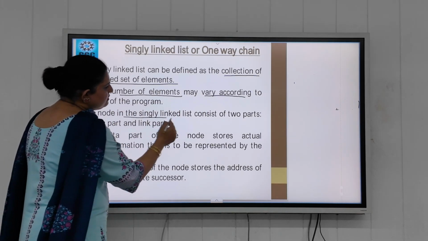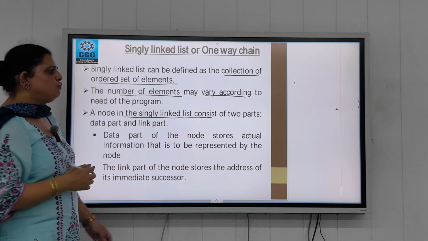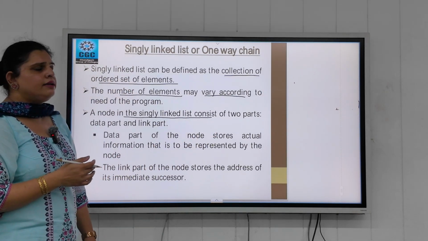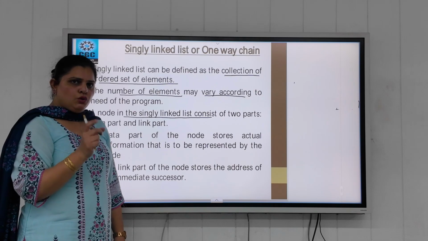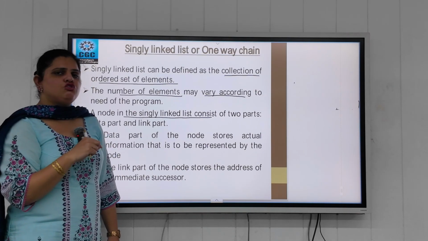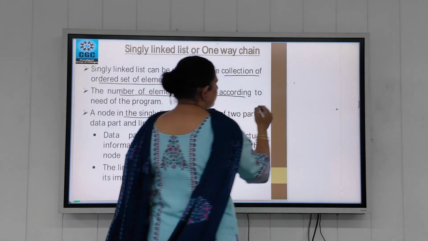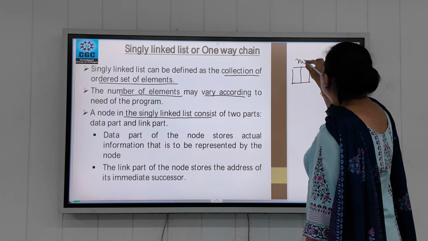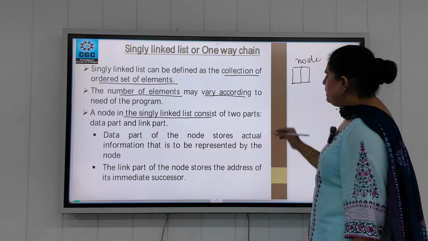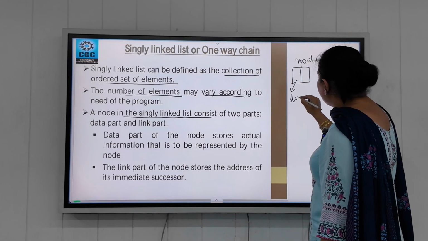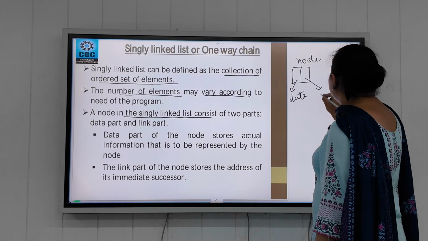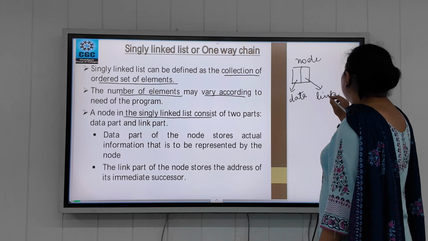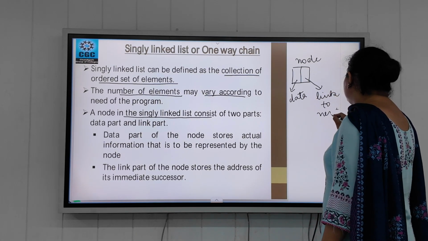A node in the single linked list consists of 2 parts. As we already discussed, a linked list has nodes in which they can store the data. This is our node. This will be your data part, and this will be your link to the next node.